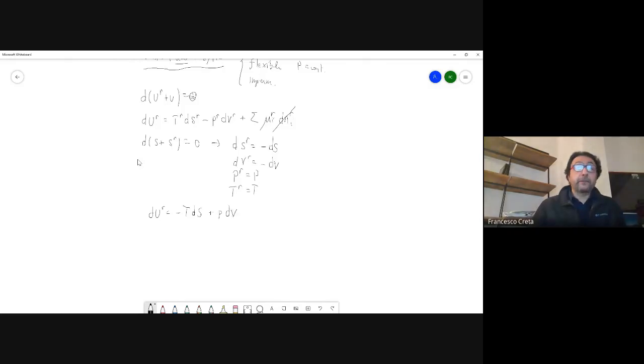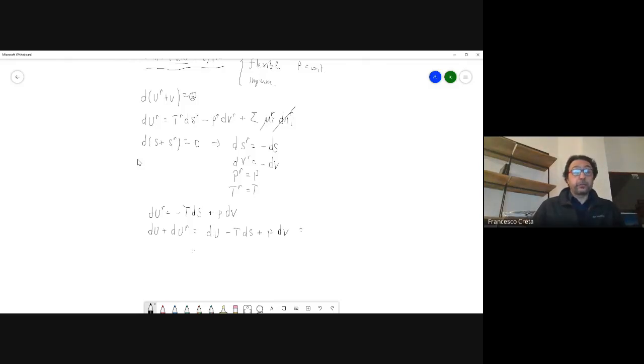And you see that I've expressed all of the reservoir internal energy in terms of quantities of the inner system. And so now the sum of the variations of internal energy of the inner and outer system I can write down as dU minus TdS plus PdV, okay?